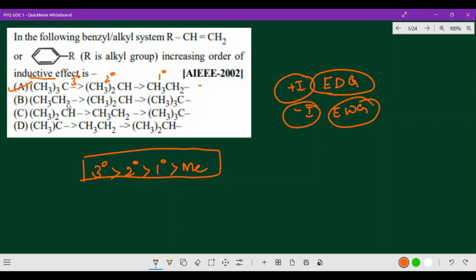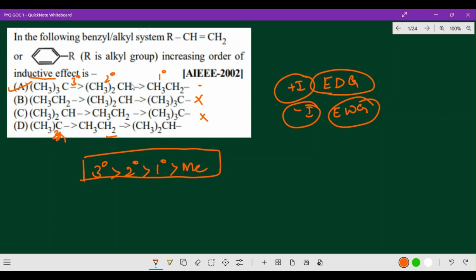Option B has primary, secondary, tertiary. No, this is not the correct answer. In the same way, secondary, primary and tertiary is also not the correct answer. And here (CH3)3 has to come first, but it is not coming properly.